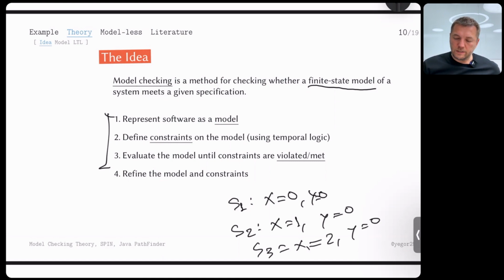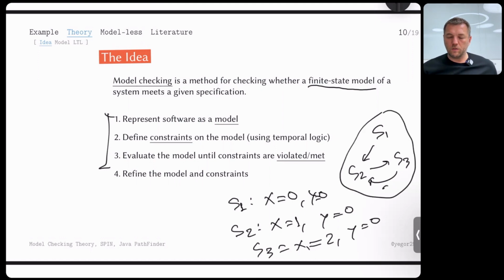And then we say, okay, the system moves from state number 1 to state number 2. From state number 2, it can move to state number 3. From S3, it can move back to state number 2. And this is a full set of transitions between states.